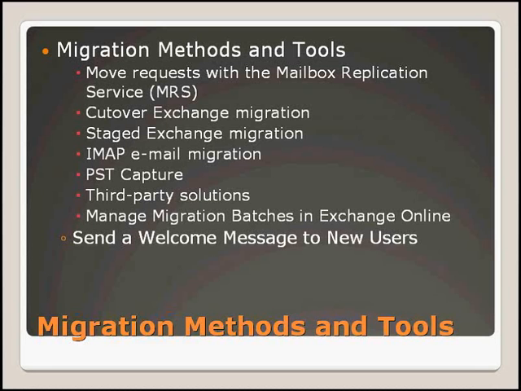You might do a staged migration, and you might require an IMAP email migration. You might require PST Capture options, and you might need to use third-party solutions. And we can also talk about managing the migration batches in Exchange Online and sending a welcome message to new users. That's the last part.